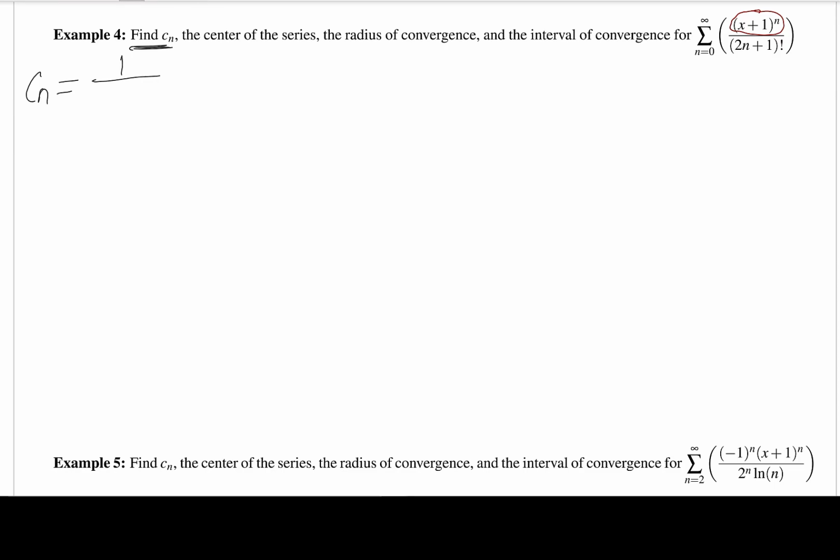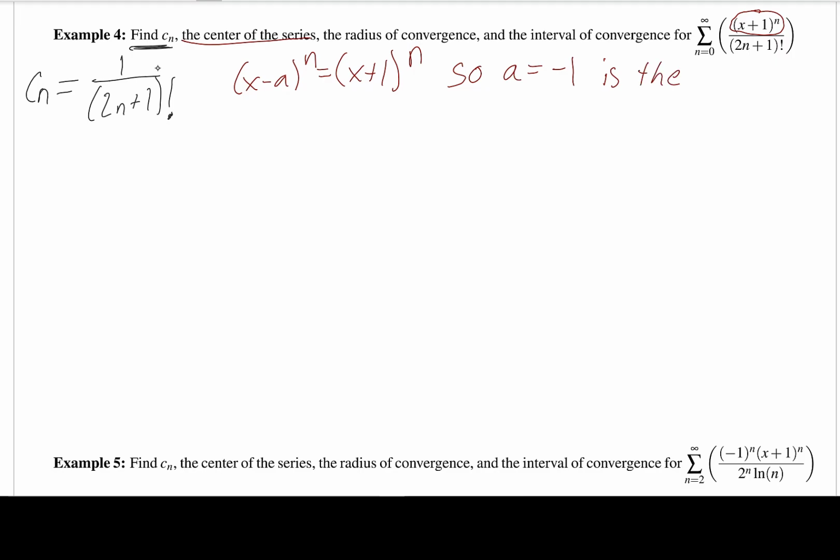So it's just going to be 1 over (2n + 1) factorial. All right. Well, then the center of the series, so we should have (x - a)^n equal to (x + 1)^n. So a must be equal to -1. Notice that if I plug in a equals -1 in here, then these two will be exactly the same. So a equals -1 is the center.